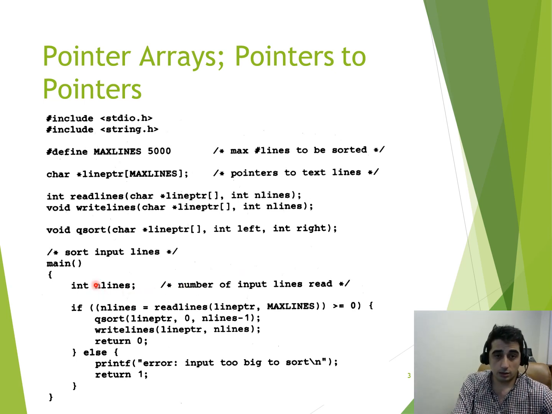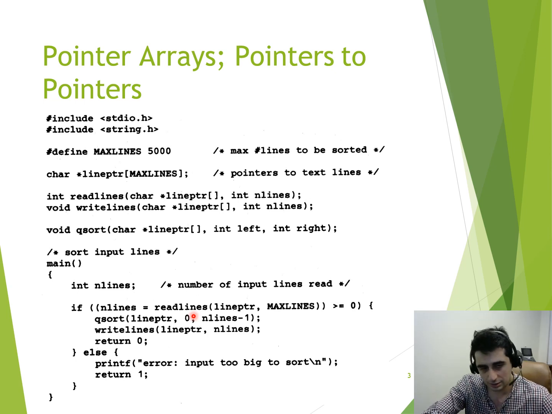So those are the functions we call, but let's take a look at the main. In the main, first we are going to call readlines and receive a sequence of, let's say, 3, 4, 10, 20, 100 lines from the standard input or keyboard. After that, we're going to call quicksort on lineptr to sort all the lines.